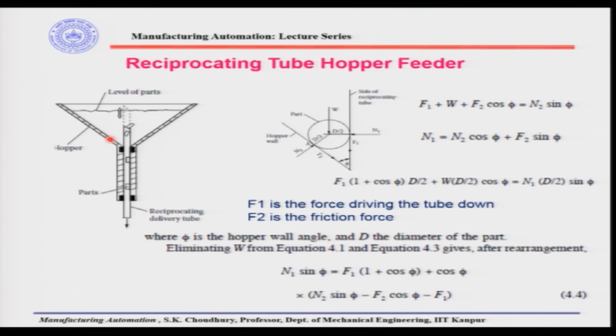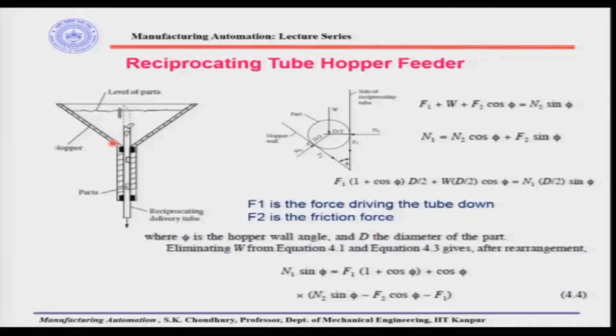That means the hopper wall angle should be made in such a way that this jamming does not happen. This is very important. Let us say for example, here we have the diagram, this is the side of the reciprocating tube, and this is the hopper wall, this is a line diagram.